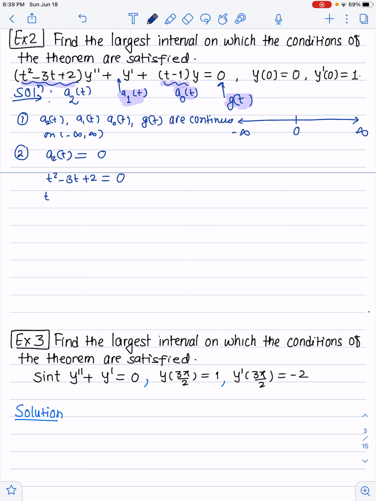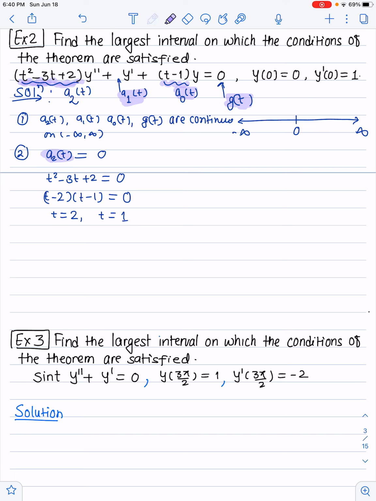So its factors are t minus 2 times t minus 1. Either t minus 2 equals 0, which gives us t equals 2, or t minus 1 equals 0, which gives us t equals 1. So when t equals 2 and when t equals 1, a2(t) will be 0.